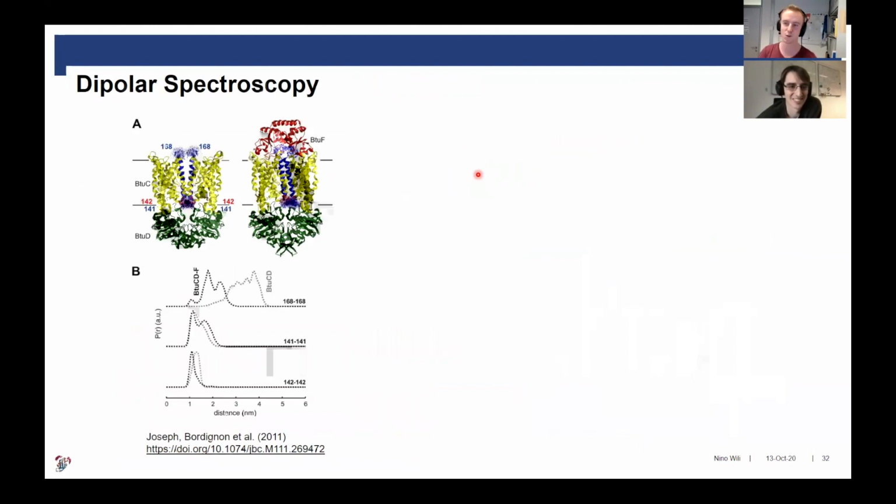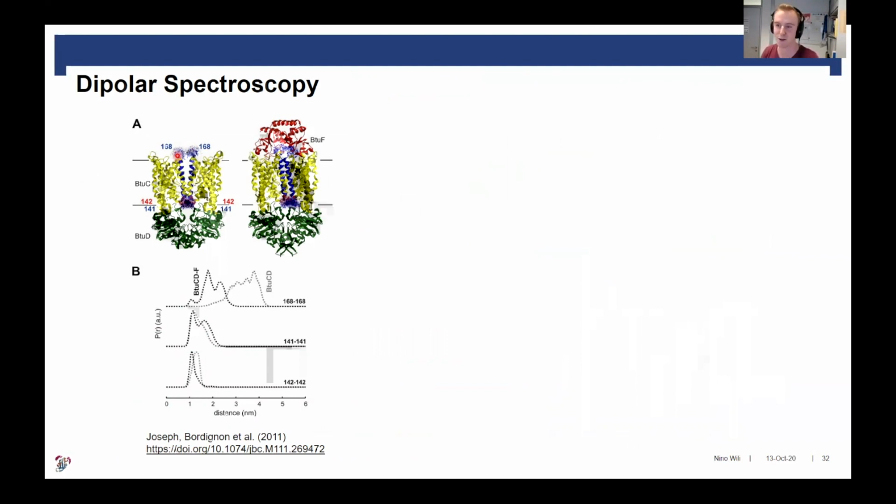What this is usually used for is that you put labels into proteins, and then you can see large domain movements. The nice thing is that you cannot only get distances, but you get these distance distributions. This is very nice for systems where you might know something about the structure, but you don't know all the details, and maybe you cannot crystallize it.